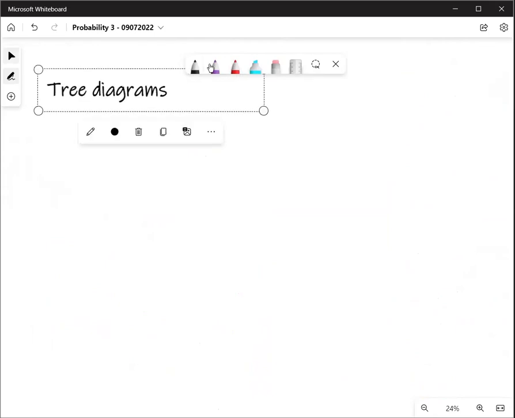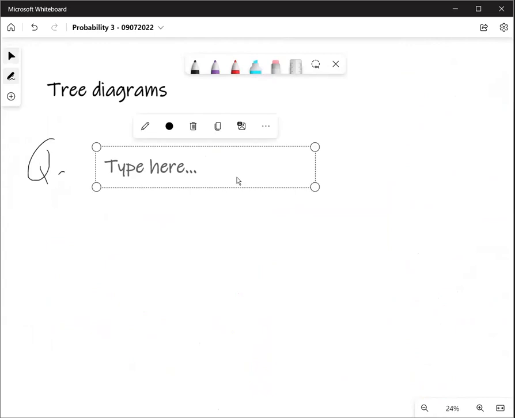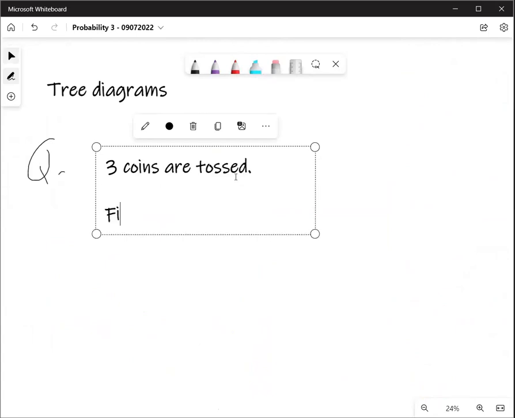I won't do a lot of questions on this because it's actually pretty easy. Let's say 3 coins are tossed. Find probability of all heads.